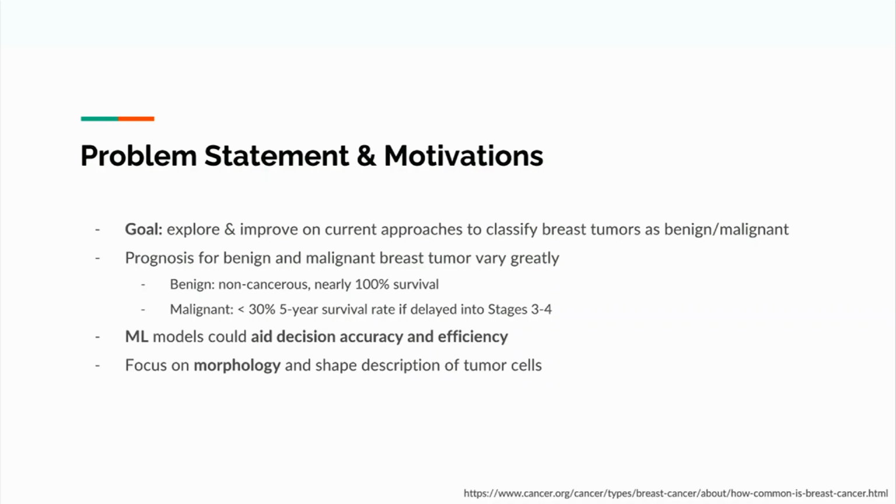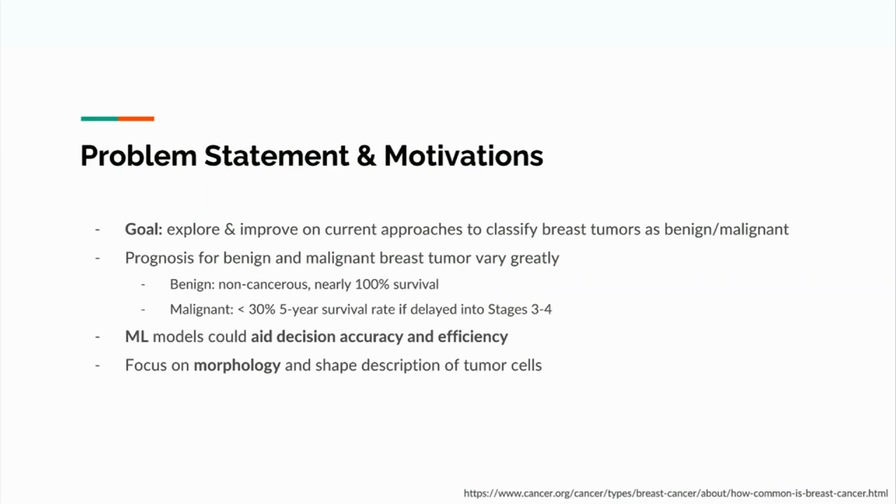The tricky part is not actually to find the cancer, it's to tell if the tumor is benign or malignant. Benign tumors are non-cancerous, they don't spread, and life expectancy is not affected. But for the malignant case, depending on which stage you're on, your 5-year survival rate could vary from 90% down to 30%.